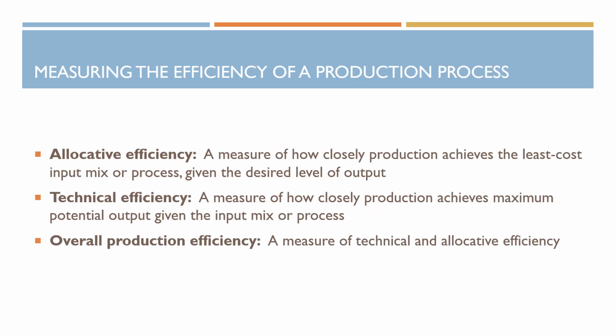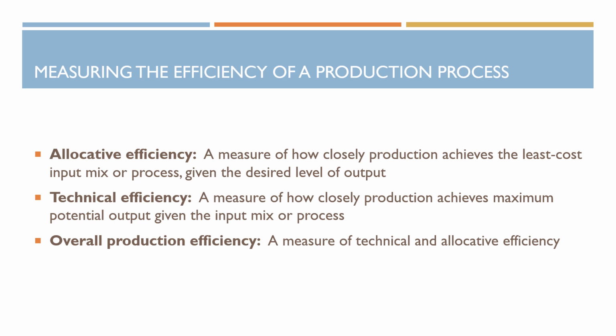Allocative efficiency, technical efficiency, and overall production efficiency are all measuring the efficiency of production in different terms. Allocative efficiency is usually what we refer to as the least cost involved in production. Can we get the right amounts of inputs for producing a level of output desired in the business?